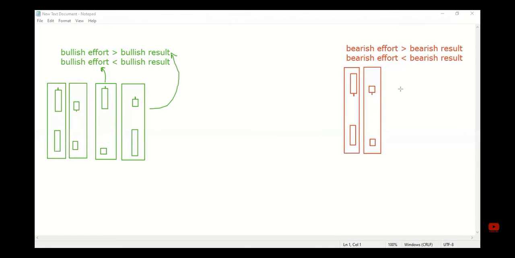And if we see this situation, candlestick and volume, so this one and candlestick volume.